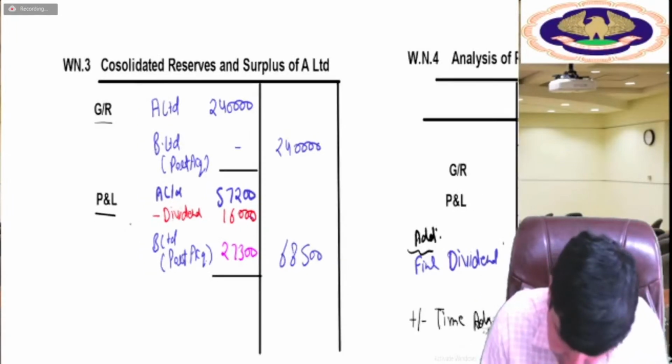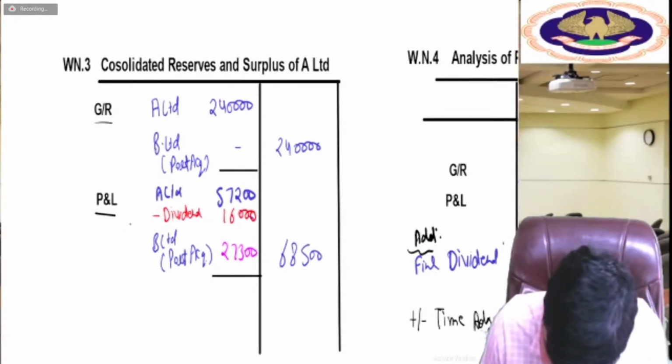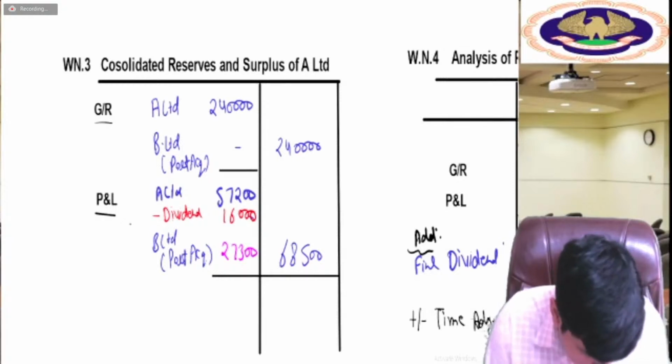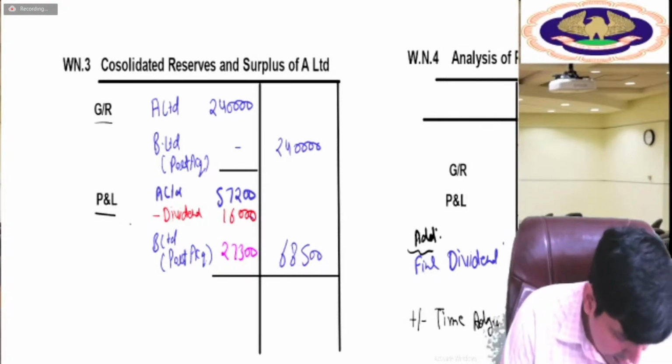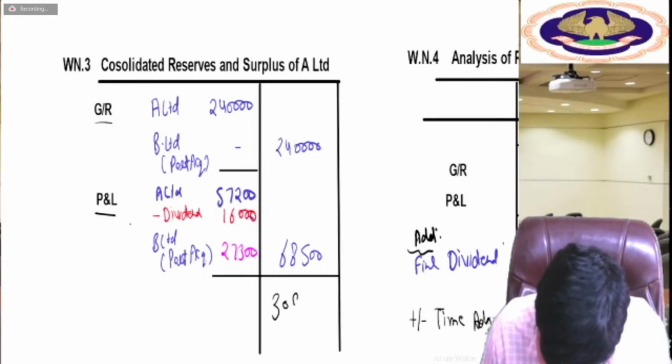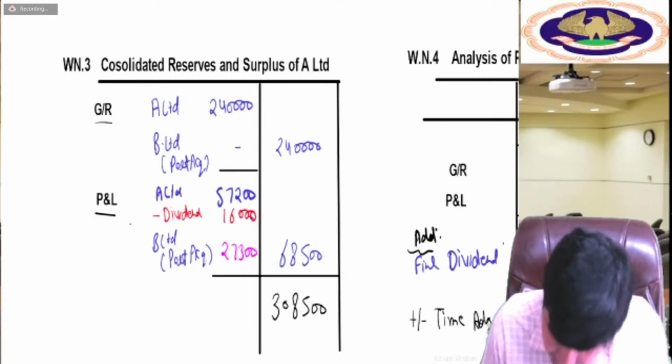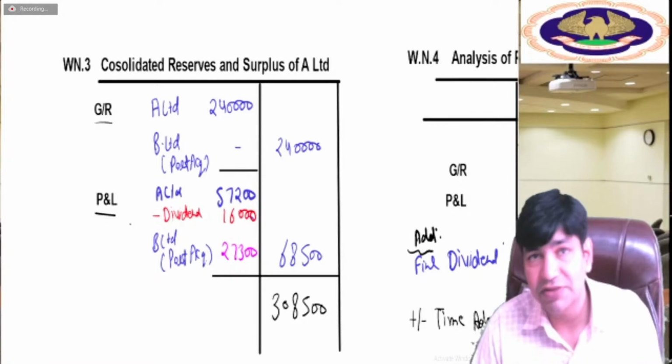Please do a total and post it to the shareholder funds. That's 2,40,000 and 68,500, so 3,08,500 is the total that has to be posted to the reserve and surplus.